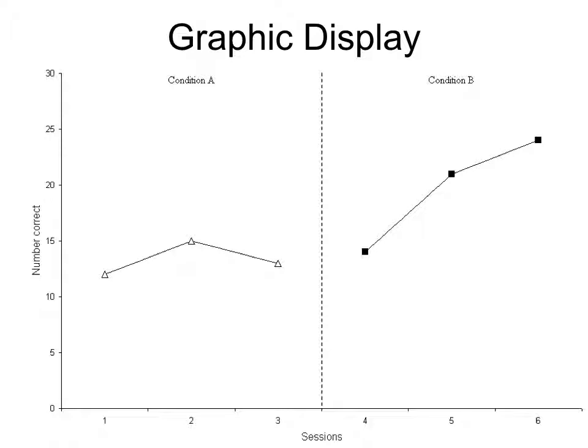It can be reinforcement, shaping, chaining, whatever intervention you choose. So you will implement the intervention at least 5 times and you will graph your data. So your graph should look similar to this one right here because you're employing an A-B design, right?